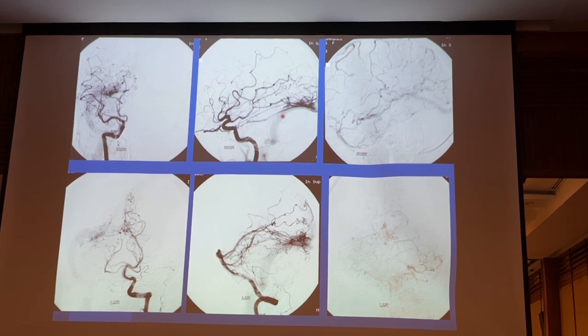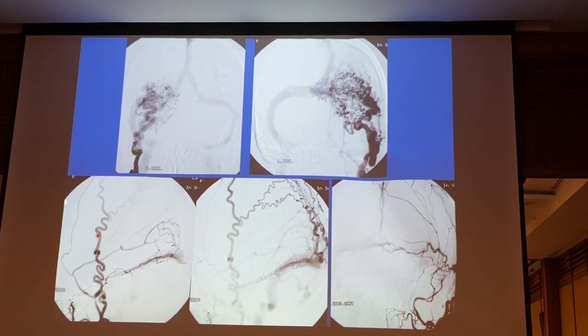Look carefully: supply is coming from a posterior cerebral artery branch. There's a superior cerebral artery branch a little bit reaching the shunt. The major supply was coming from the occipital arteries and the middle meningeal artery as well.